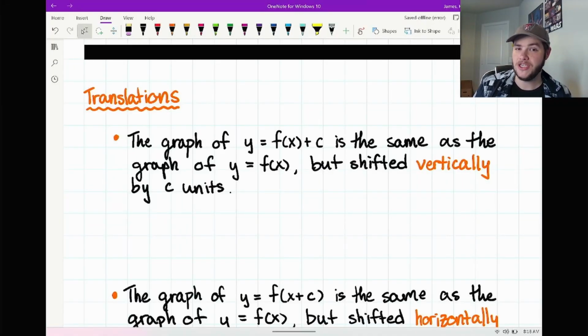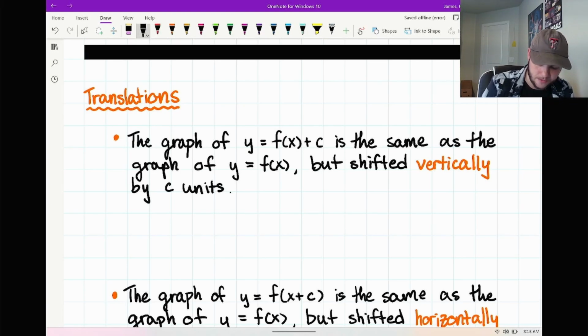A translation is a fancy name for sliding it around. So if I've got something that looks like a function plus c, that graph is going to exactly match y equals f of x, but it's going to be shifted vertically by c units.